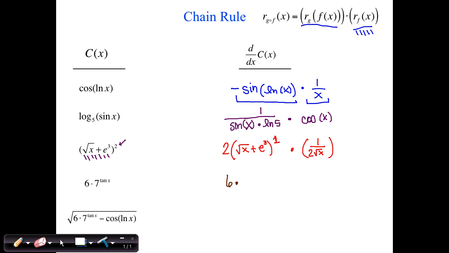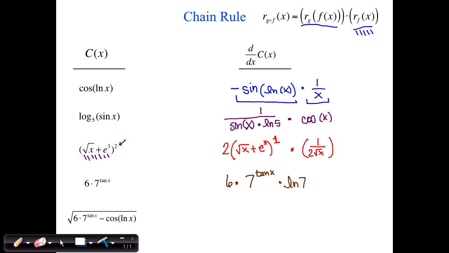I've got an exponential function, 7 to the x, not e to the x, as the outer function, with an inner function of tangent of x. Well, 7 to the x's derivative is 7 to the x times natural log 7. 7 to the tangent of x is itself, for its derivative, times the natural log of 7.